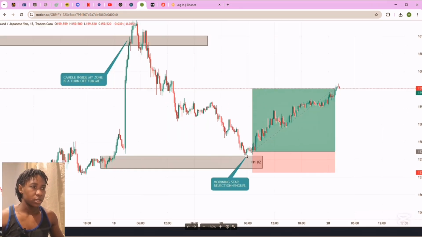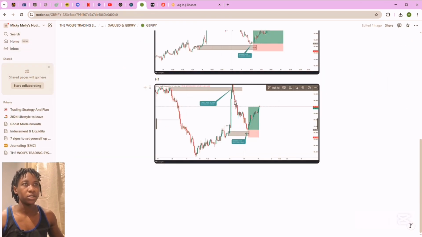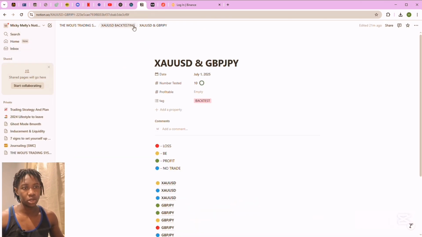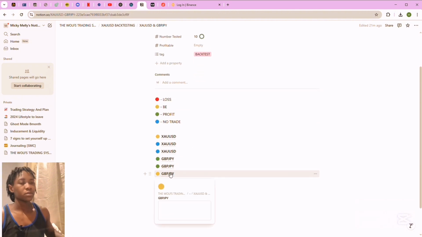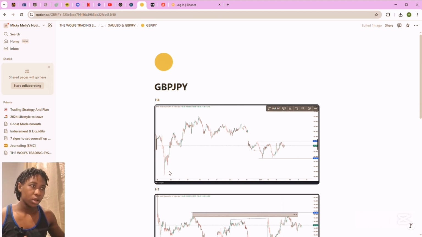You can see this Morningstar bearish doji engulf candlestick. So I took it right there, and this GBP JPY trade was a TP hit. It covered my loss. That's why I marked it green.